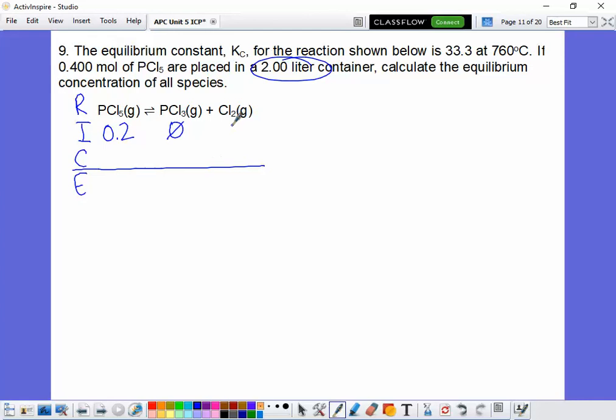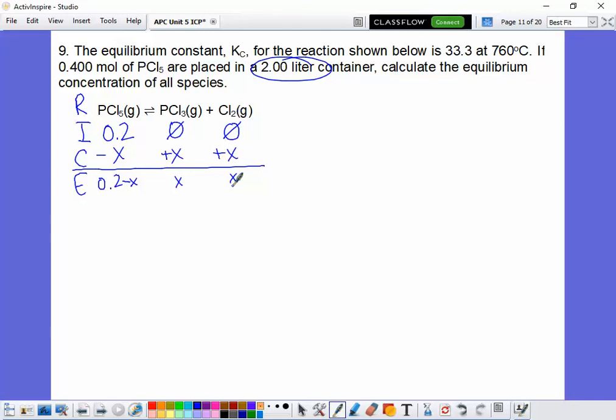And what about Cl2? 0. So therefore, what are my changes? Minus x on the left. And on the right, what are they? Well, plus x and plus x, because these are addition and subtraction, not multiplication and division. So we're going to have 0.2 minus x, x, x.